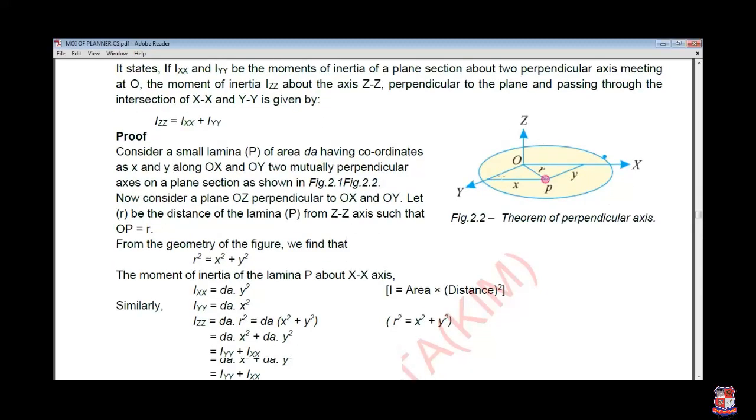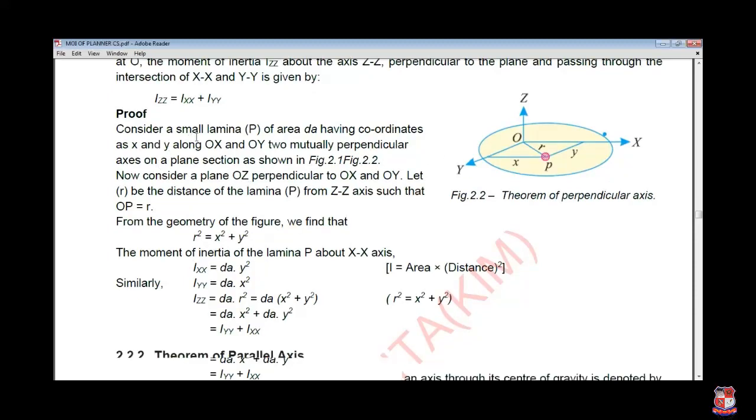Consider one body here having axes x, y, z. Consider a small lamina P of area dA, having coordinates x and y. Ox and Oy are two mutually perpendicular axes on the plane as shown in the figure.